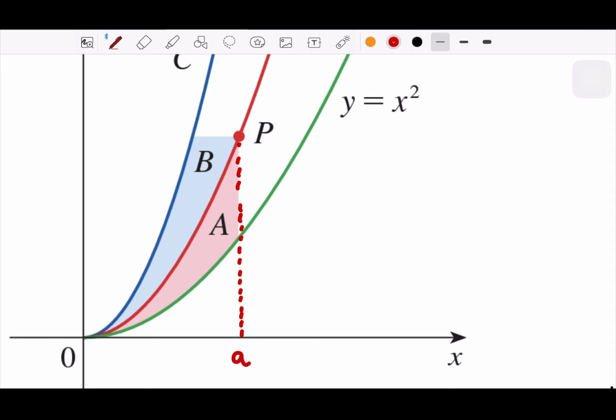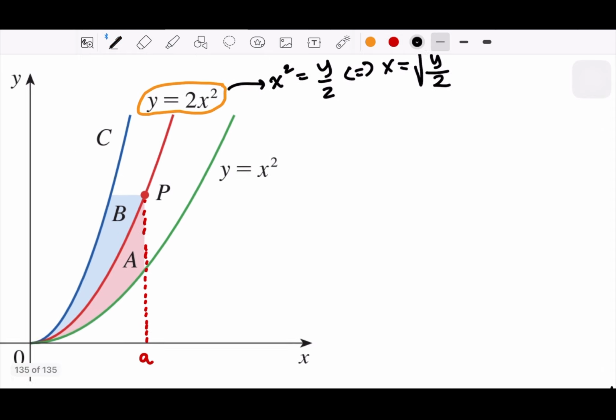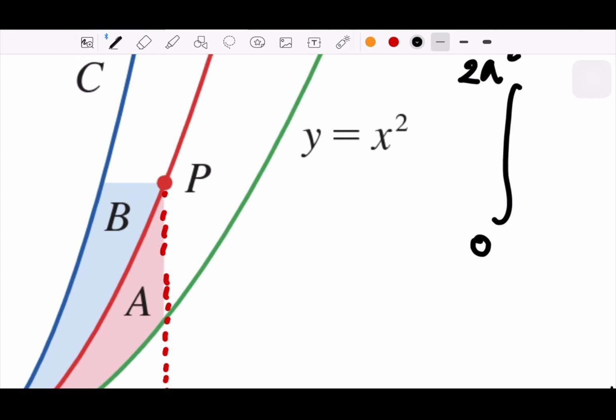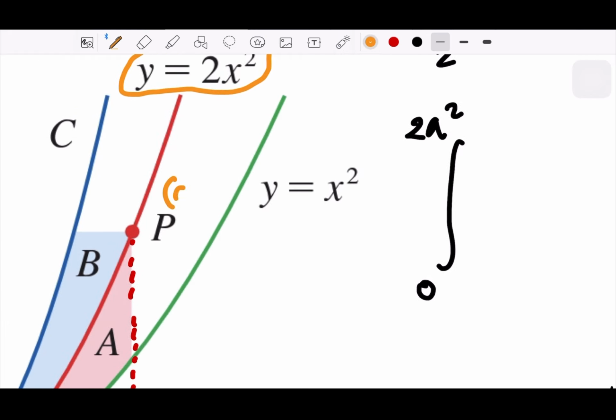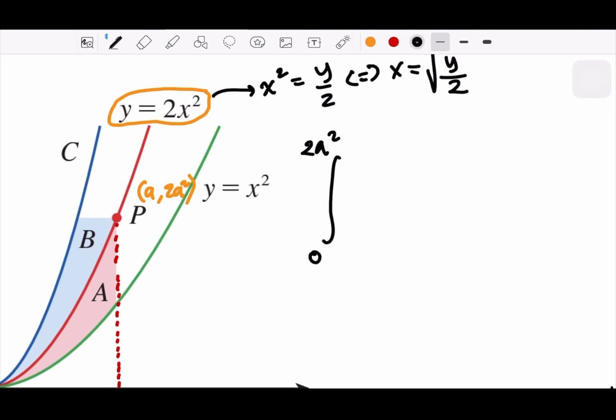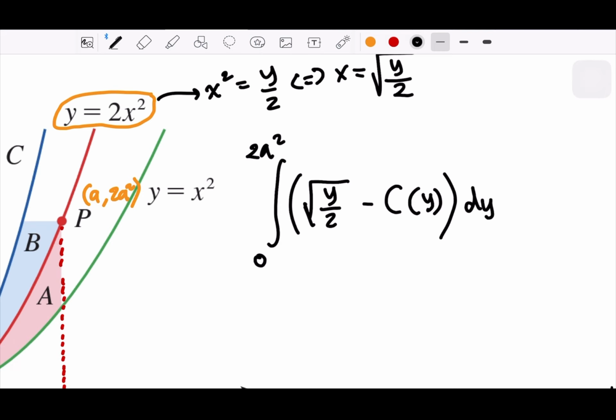We need to find A. So first, since we are going to take y, this is from 0 to a squared, right? So P is a, a squared, okay? And then this will be square root of y over 2 minus c, that is a function of y, and then dy. So this will be B.